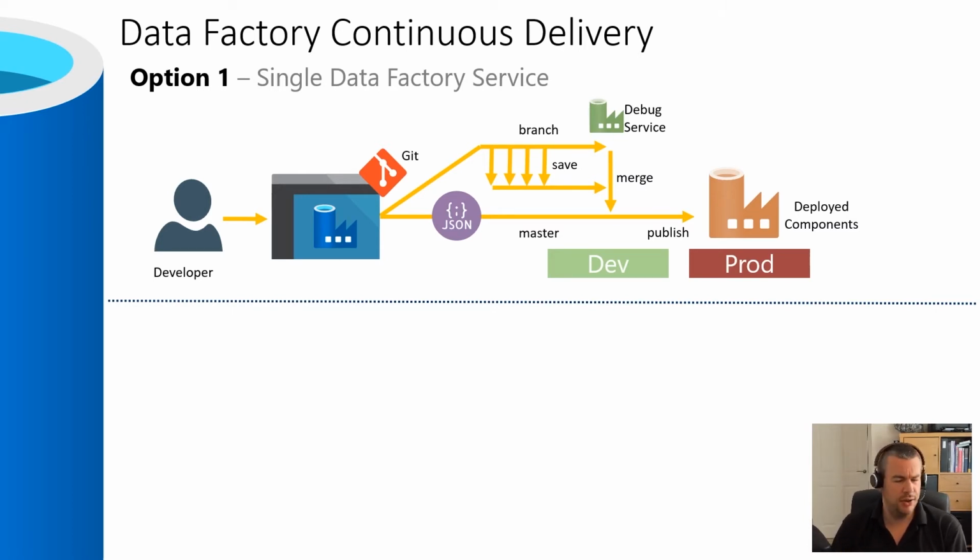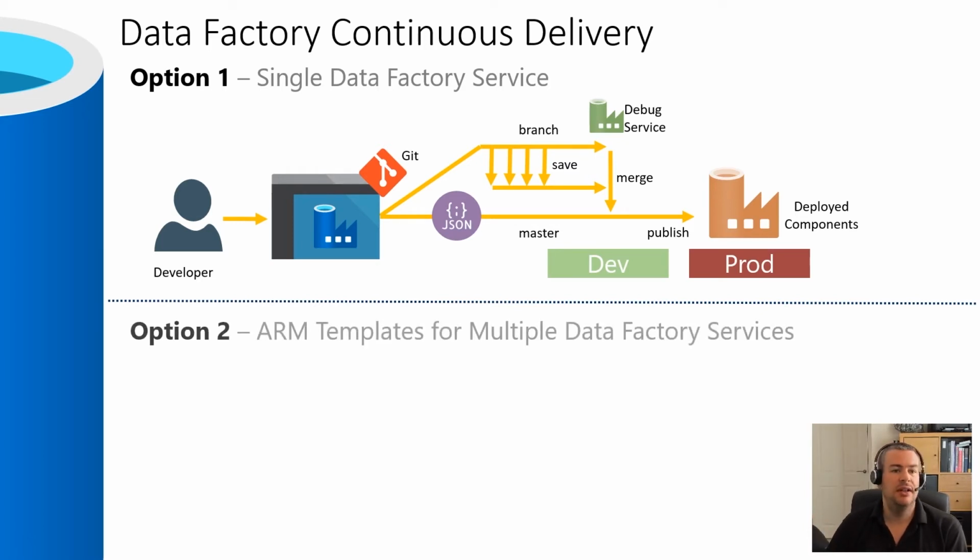Hopefully we are good developers. We have multiple environments here. So if we want to think about deploying our Data Factory where we have a dev environment, maybe test, maybe prod, whatever you want to call these things, we need to consider option two.